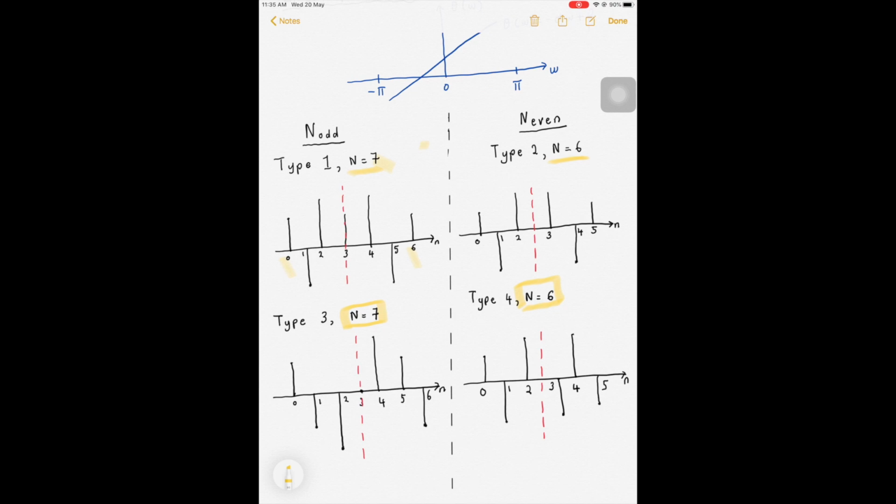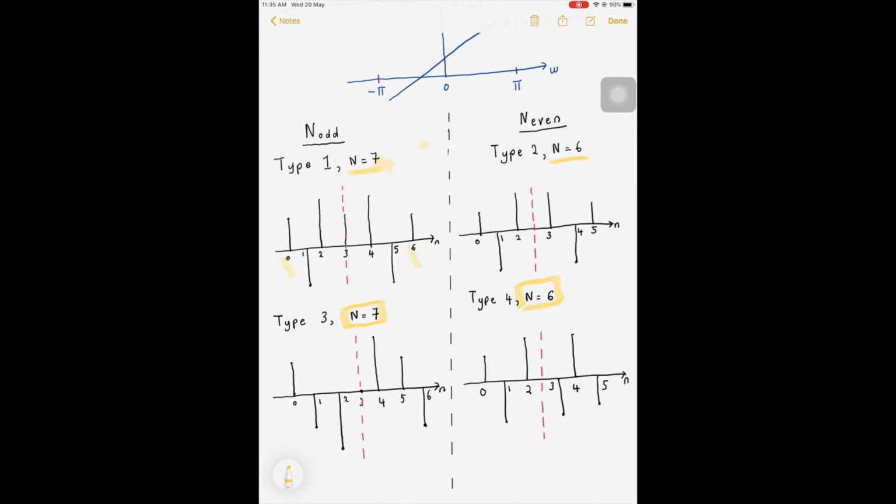Basically, the center line is your symmetrical line. If you look here, you have a sequence from length 0 to 6. First, you imagine you fold the sequence, and then you open it again. You can see the symmetrical line.